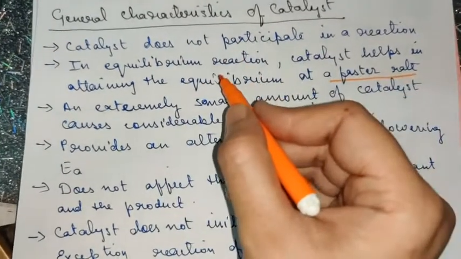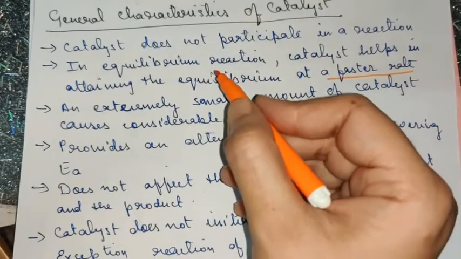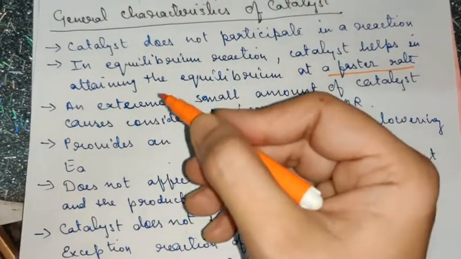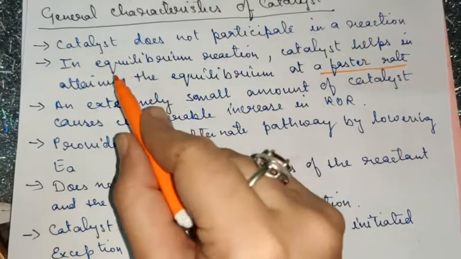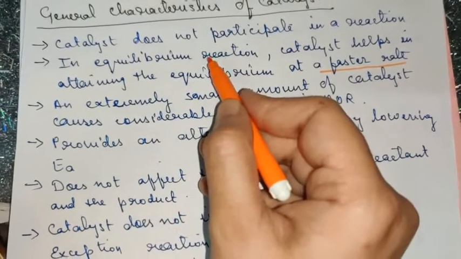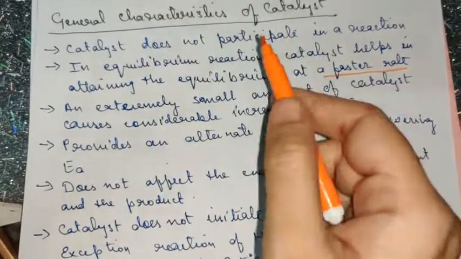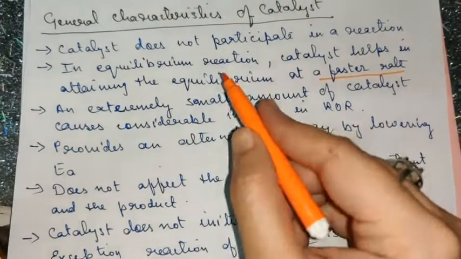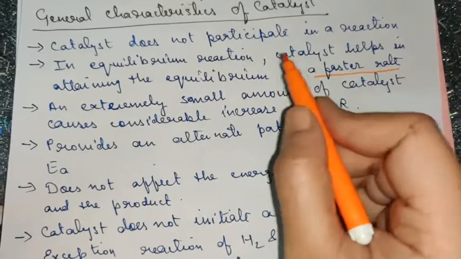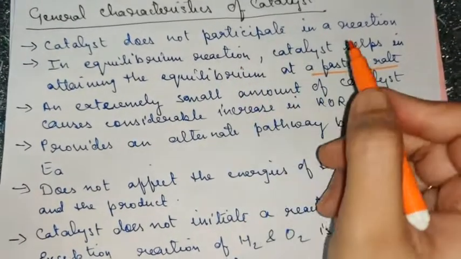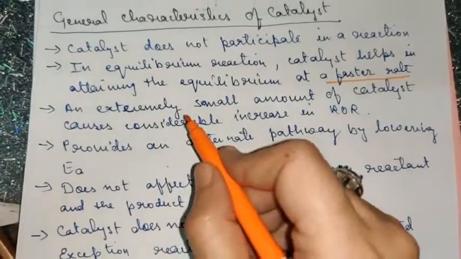It cannot change the position of the equilibrium. But obviously the equilibrium will be attained at a faster rate, because a catalyst will function equally on both the forward reaction and the backward reaction.